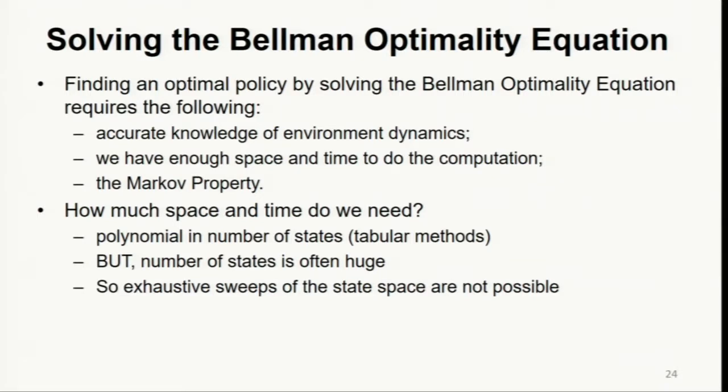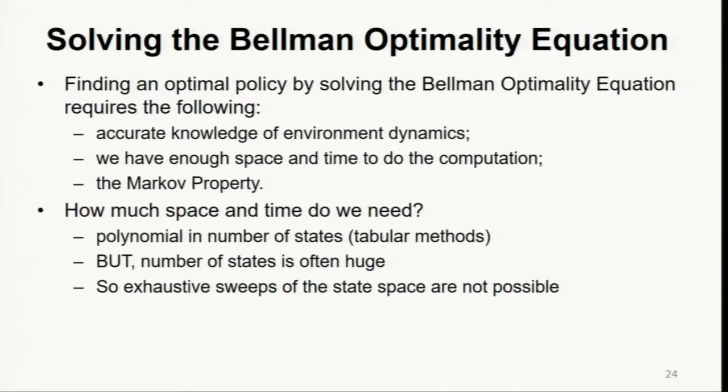We also need enough space and time to do the computation. And the Markov property should be satisfied. But whether Markov is satisfied or not depends on how you define your state. You want to put sufficient information into the present state so that the Markov property can be satisfied.